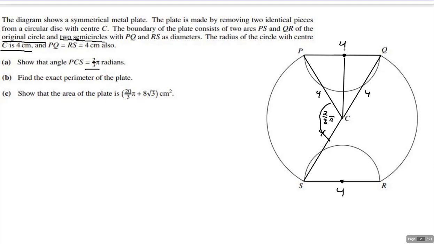This whole line here from Q to S? Yes, that line. That would be equal to just pi, right? That whole thing would be equal to pi, because that's 180 degrees. I get that. Okay. Yeah, so then, you can show that's 1/3 pi, from the line PC to line QC.